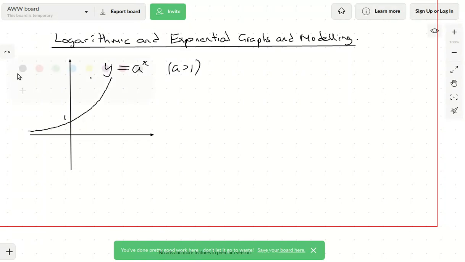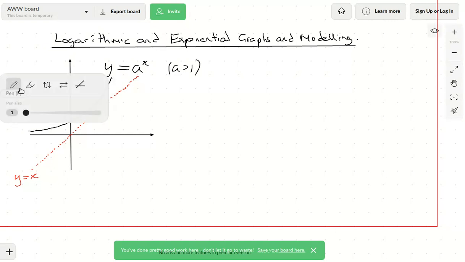Now, what's the opposite of this graph? Well, the opposite is the inverse. And for inverse functions, when you represent them graphically, they're always a reflection in the line y equals x. So I thought I'd quickly draw the line y equals x on there.